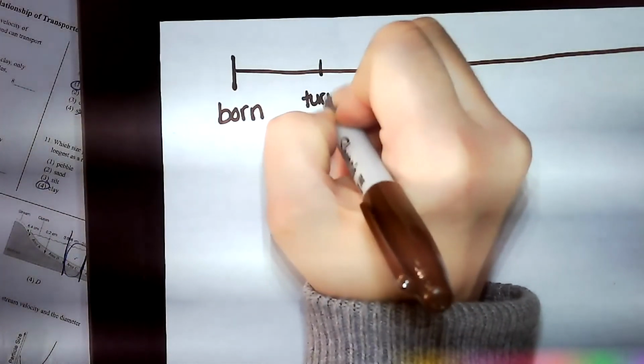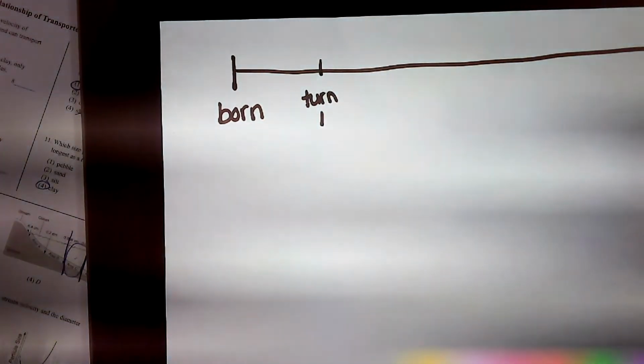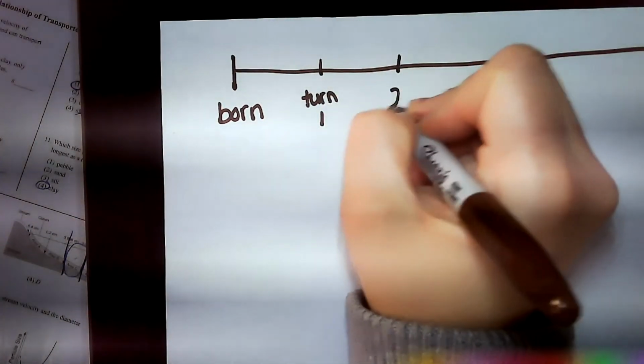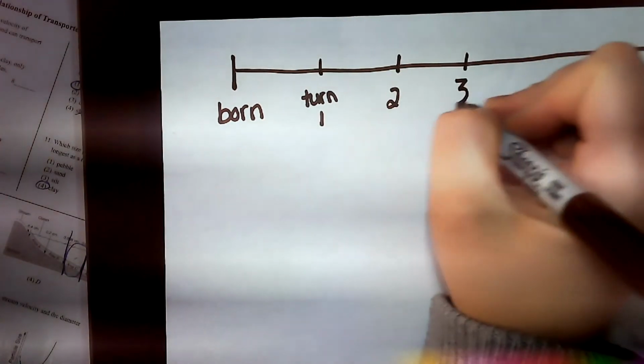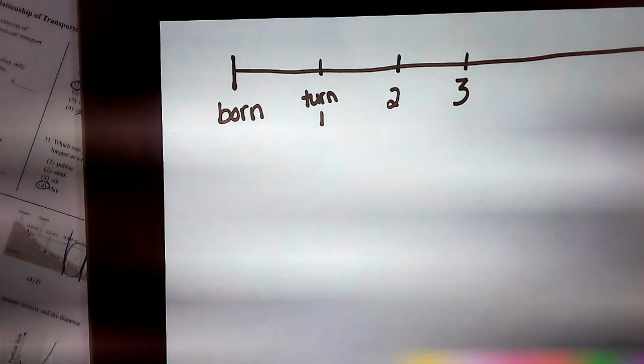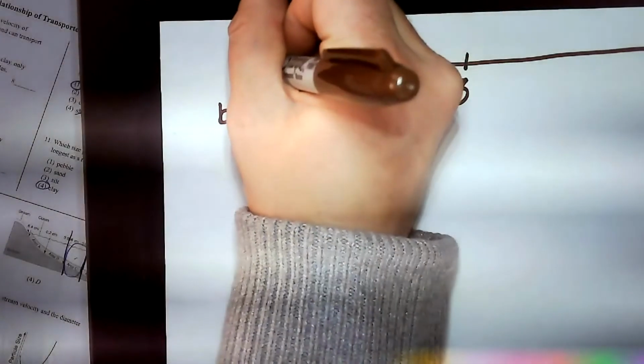So you turn 1. And then there's not much that happens. Then you turn 2. And then you turn 3 and your parents get divorced. So what other things might be on a timeline? First words, whatever.